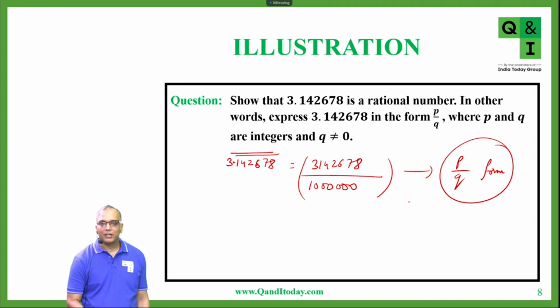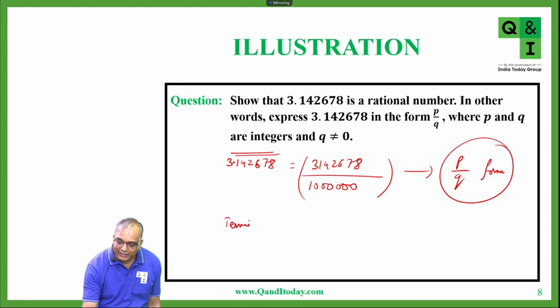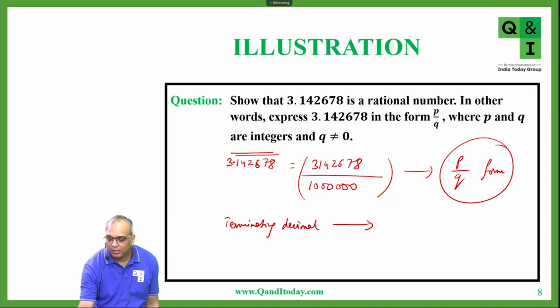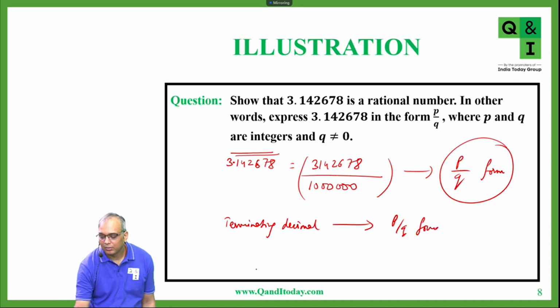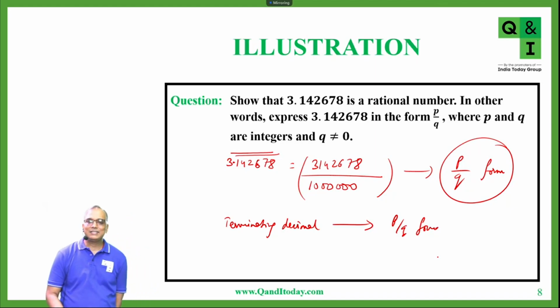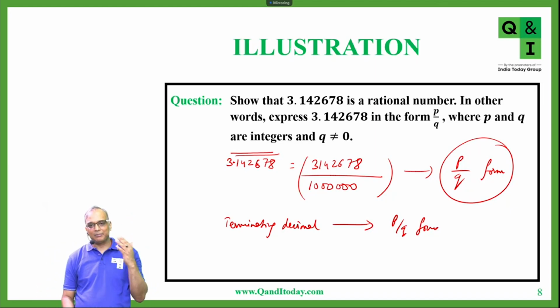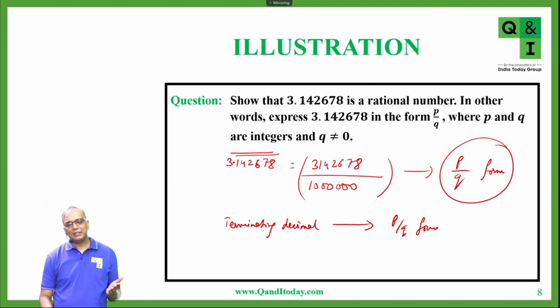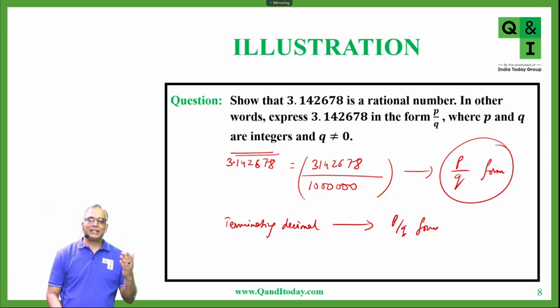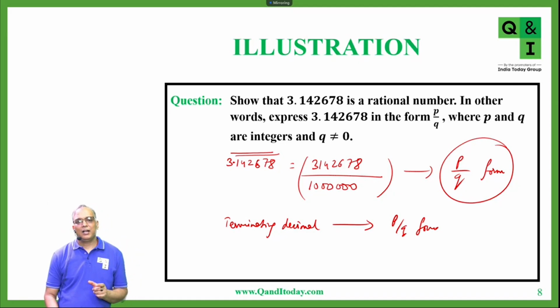So to convert a terminating decimal to P by Q form, you have to remove the decimal and then divide that number by counting the number of digits after the decimal and replacing it by zeros in the denominator.